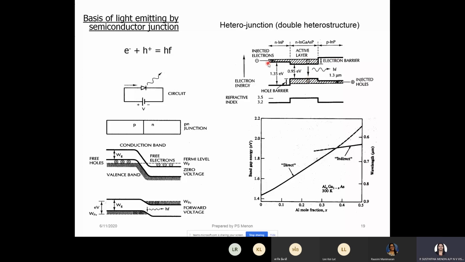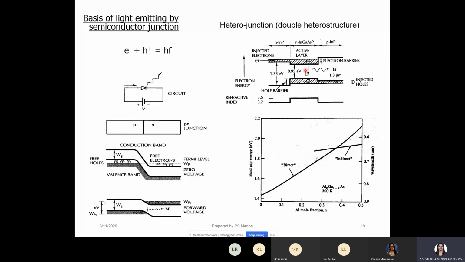There is also the principle of refractive index, where the refractive index is high in the active layer and low in the outer layer. If you remember from your past lectures, this is the basis for total internal reflection.